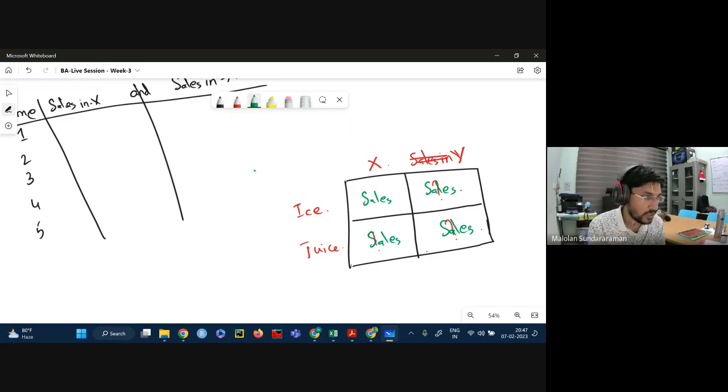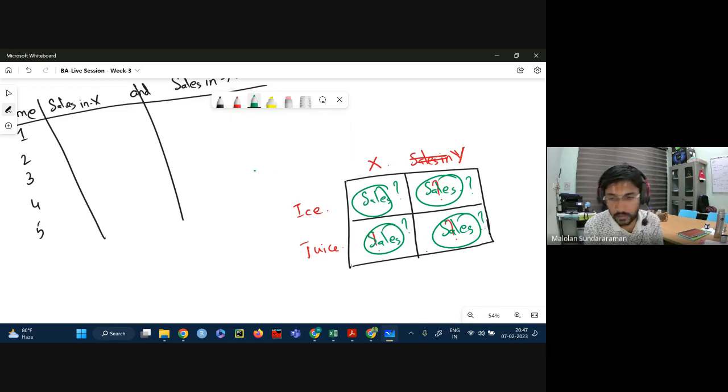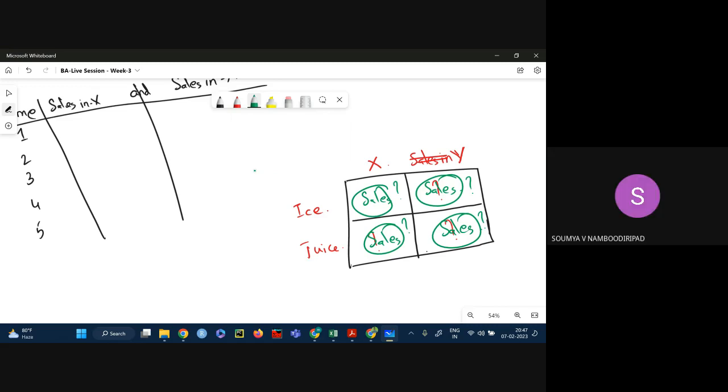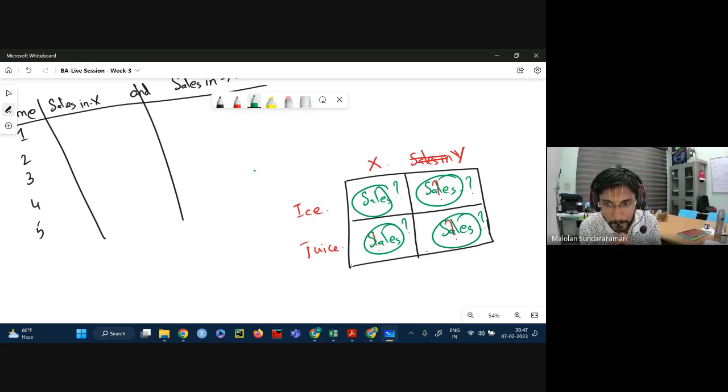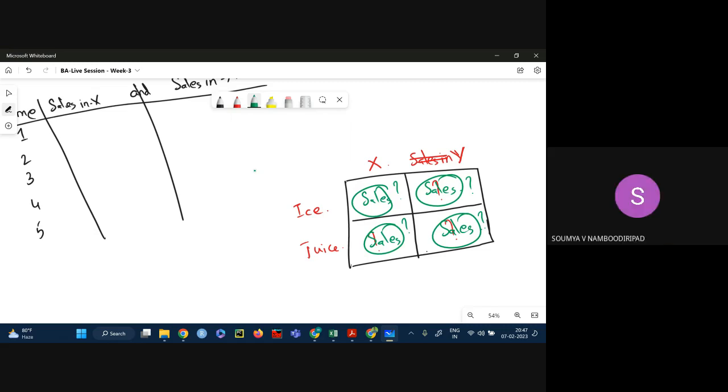Now my question is, how will you get these values? By summing up all the collected data. What is the collected data? It's a sale quantity.